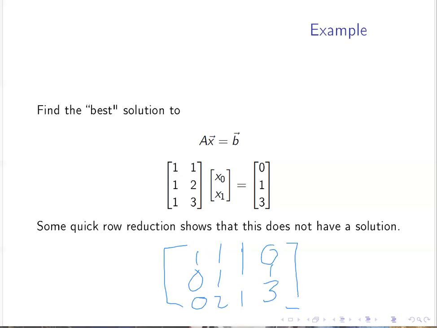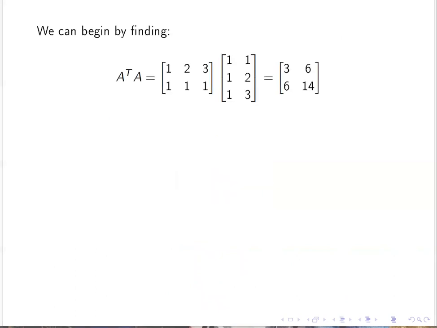And then we can go from here. We can say, okay, row 2 times 2, take that away from row 3, and I will get 0, 0, 1 as the last row. That's a problem. That means there's no solution. Because this does not have a solution, I'm skipping over that so you can play with it. I need to multiply both sides.